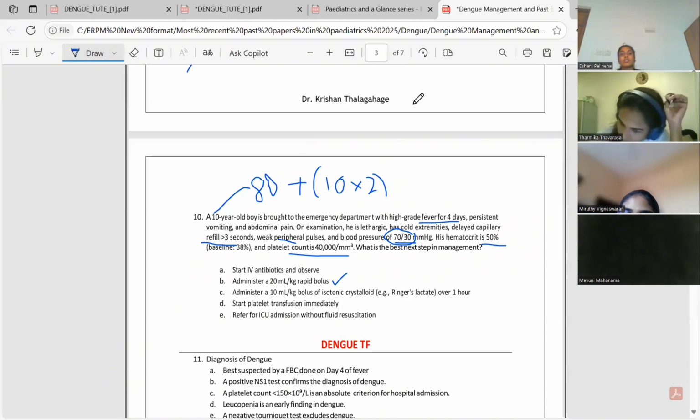In decompensated shock, even the systolic blood pressure is low. In compensated shock, usually systolic blood pressure is normal, but pulse pressure is narrow. Here, of course, it is recordable, but it is very low. You need to think of this as decompensated shock.